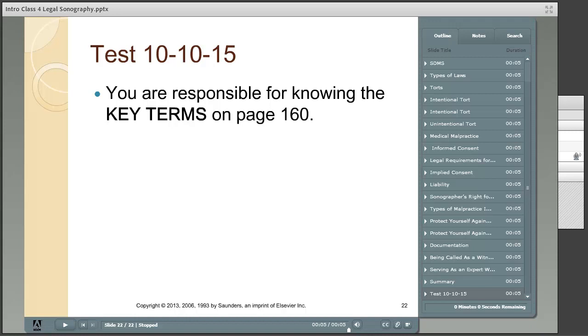HIPAA legislation, which was established in 2003 and became effective in 2005, is a big thing in all hospitals and most healthcare clinics. Any type of information about a patient that could be released without their okay is an example of an intentional tort.